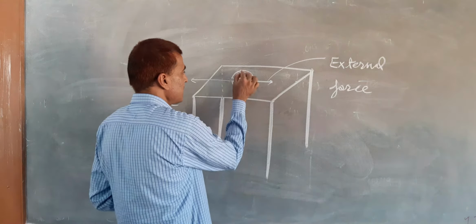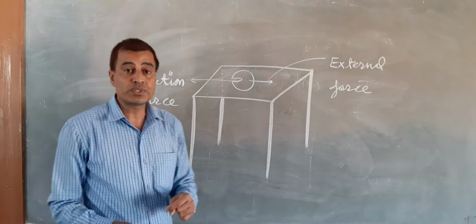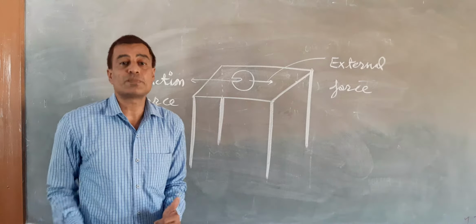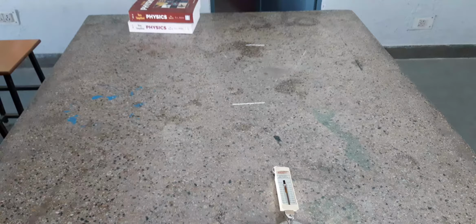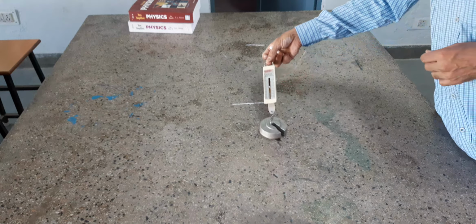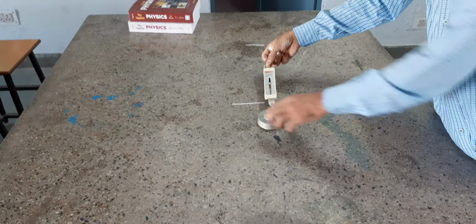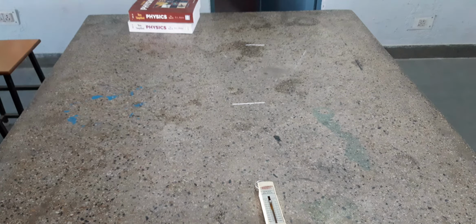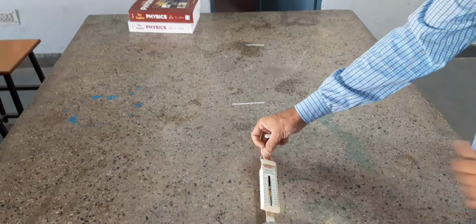For that I will place the same type of mass on it, and then by using a spring balance we will look at the change in the reading of the spring balance. Look here, this time the force is equivalent of 200 grams. Now I increase this mass.